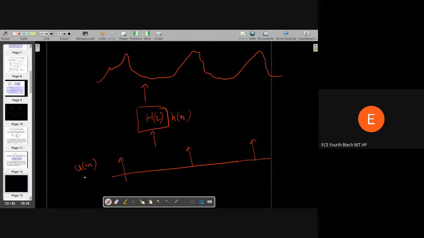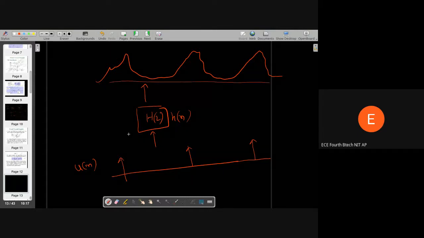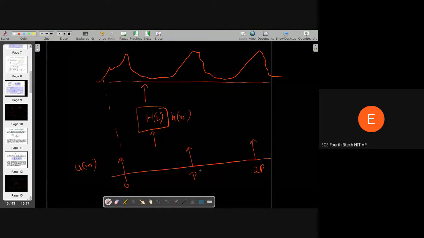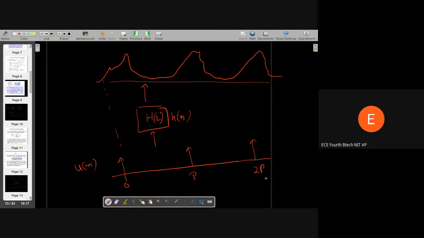This train of impulses, as you see, is at n equal to 0, n equal to P, n equal to 2P, or you can use whatever notation, n naught, 2 n naught, up to you. This is your pitch or fundamental period.